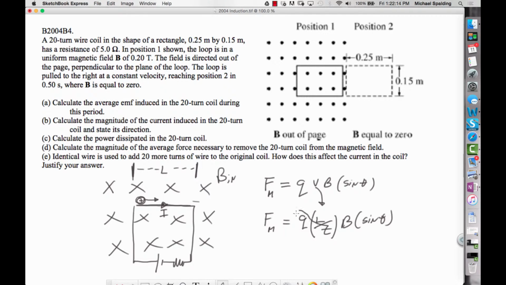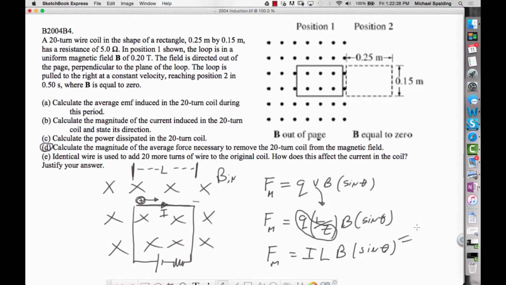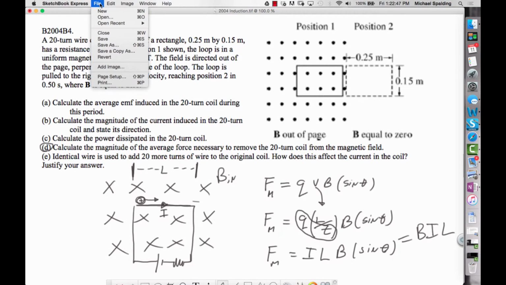Well, what is Q over t? Q over t happens to be the definition of what? Current. So this is going to be ILB sine theta. So this is the equation that we're going to use in this part of the problem. The ILB, which when I taught it to you, I always tell kids just remember Bill, B-I-L. That's the equation for force of a magnetic field on a wire.